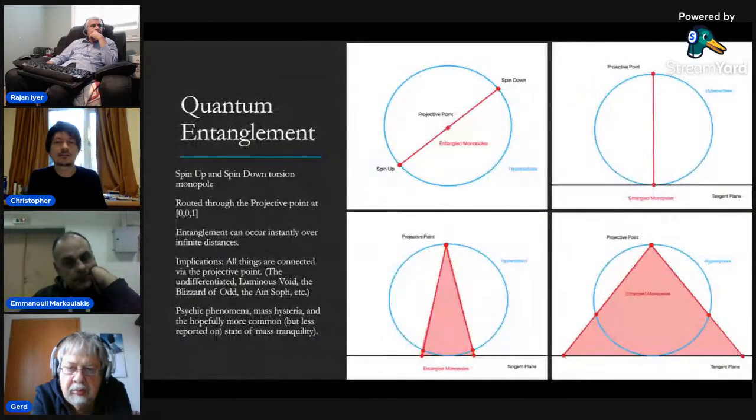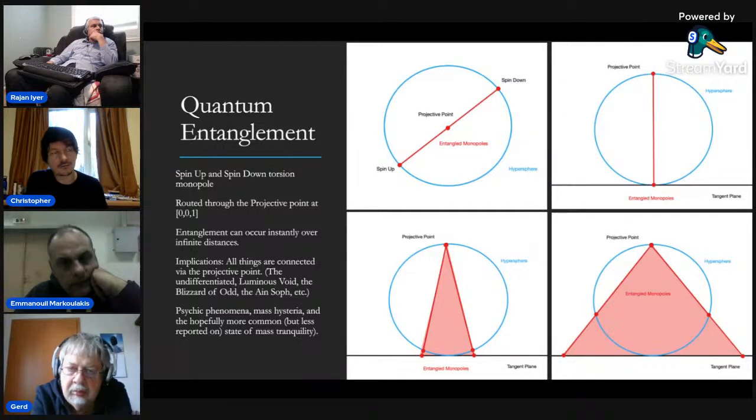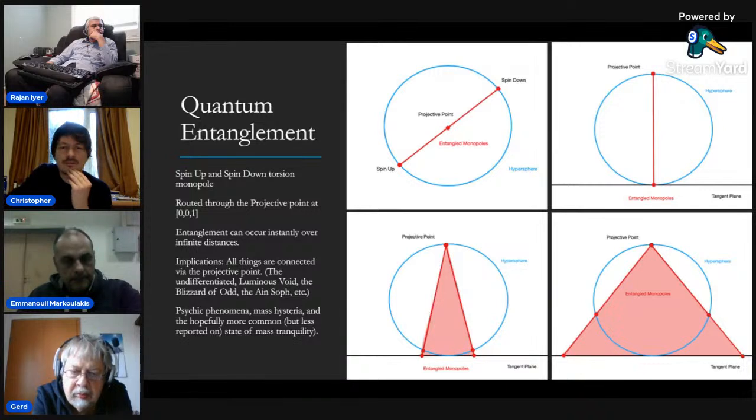So to begin with, here we're looking at what I've termed gravito-torsiomagnetic monopoles. The first point worth considering is related to quantum entanglement.